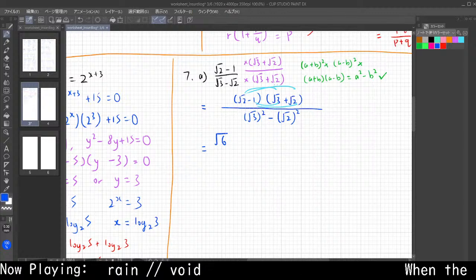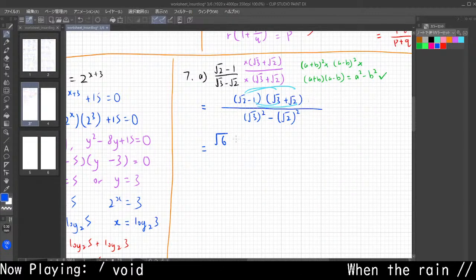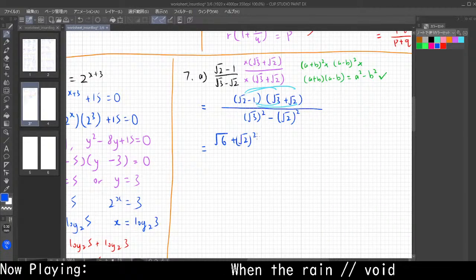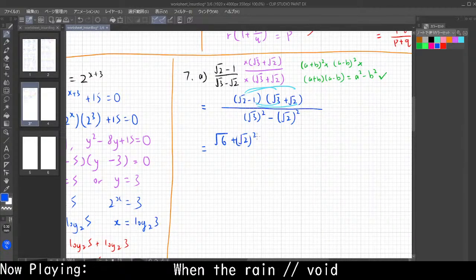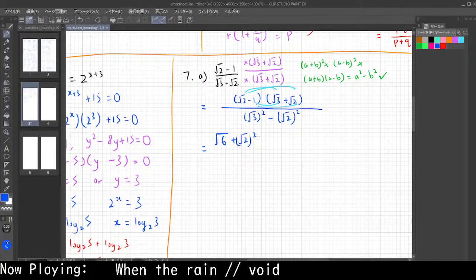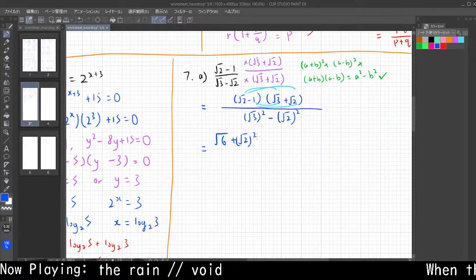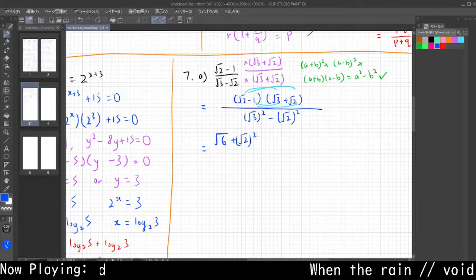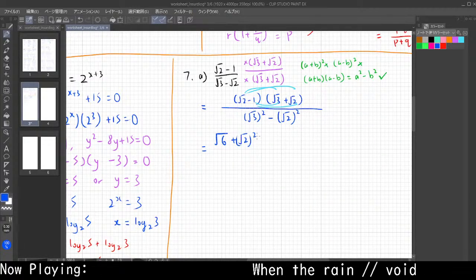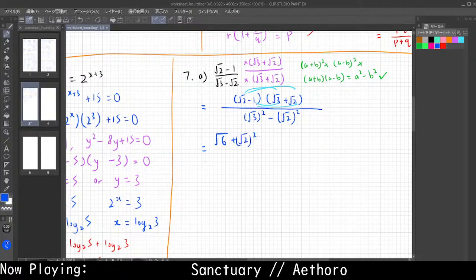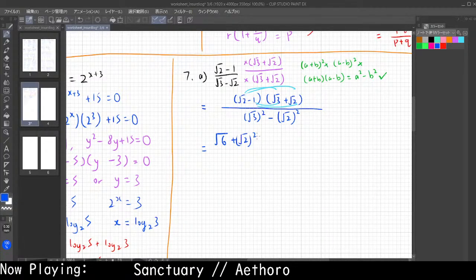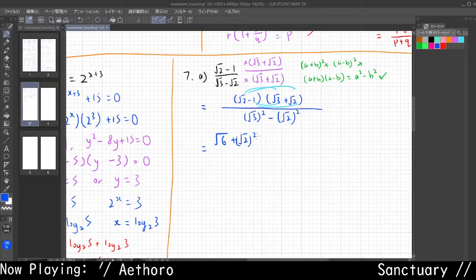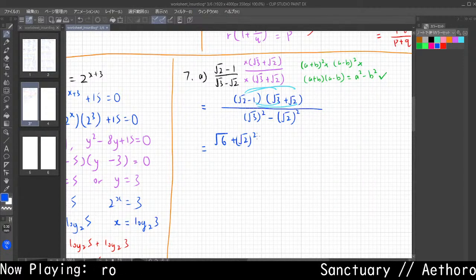Okay, next, square root 2 times square root 2, you get plus square root 2 squared. Plus plus is plus. And again, I want to mention that your plus or minus are attached to the number behind it. Okay, please understand this. If you move the number with the same sign, the sign isn't going to change, right?